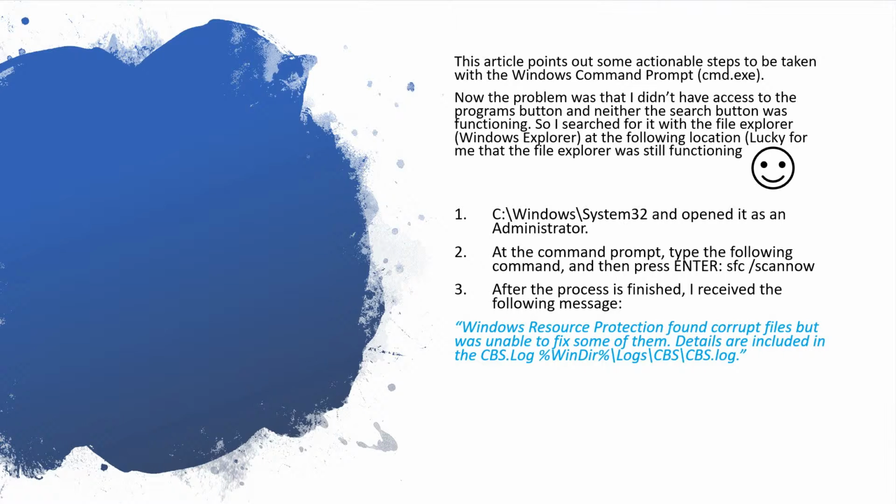Now the problem was that I didn't have access to the start button, which is where the problem was, and neither was the search bar functioning; I was not able to write anything, even though the search text was there. So I searched for it in the File Explorer, the Windows E icon.